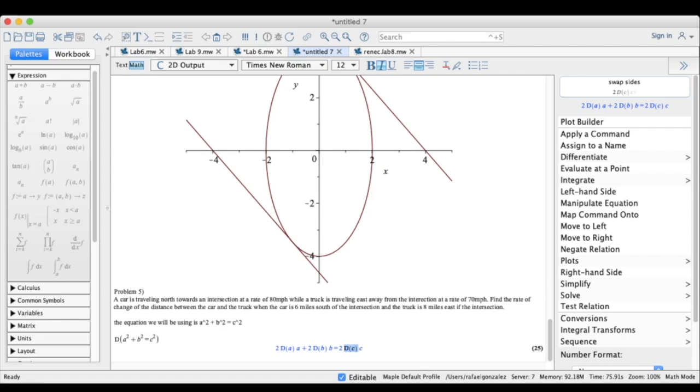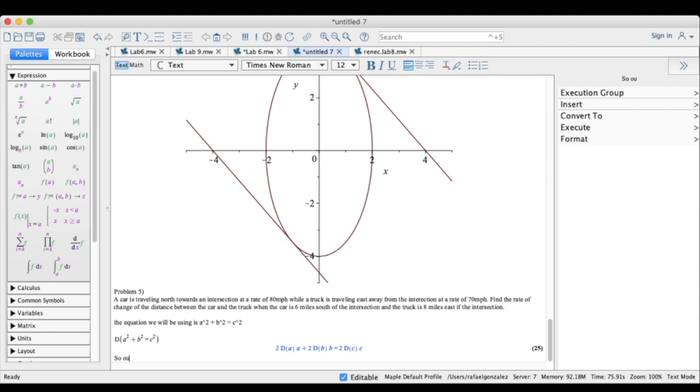What we have here, like I just mentioned, is a right triangle. So our sides are a equals 6, b equals 8, and the length of the hypotenuse, if you perform the Pythagorean theorem, you'll get 10. So c will be equal to 10.